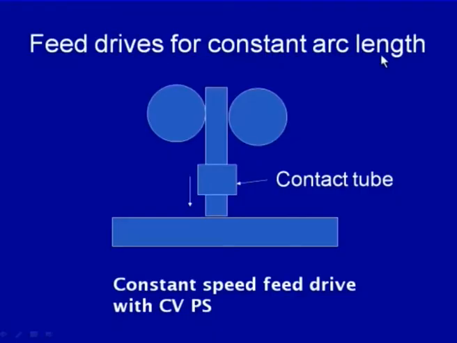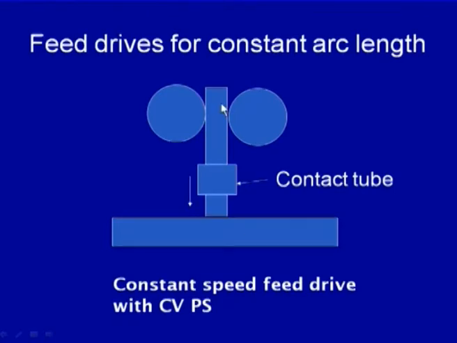So, here we see that there are two types of feed drive systems which are used for maintaining the arc length. One is used in association with the constant voltage type of power source. In these conditions, the constant speed feed drive system is used, so that it helps to maintain the arc gap.